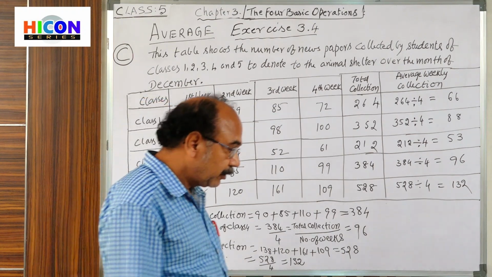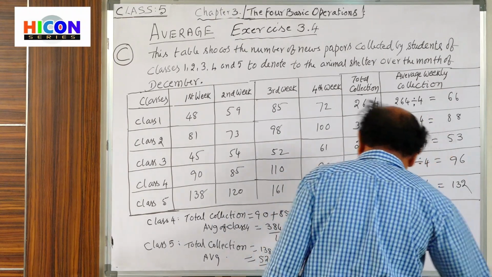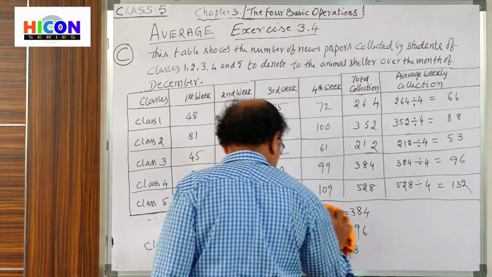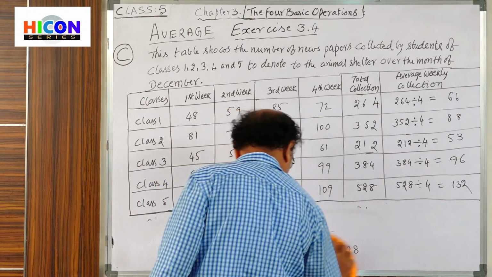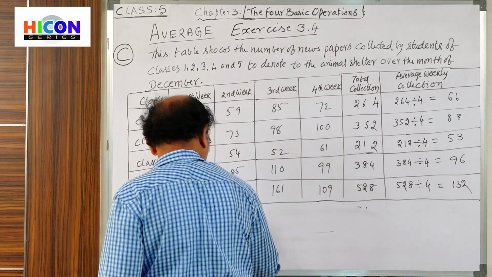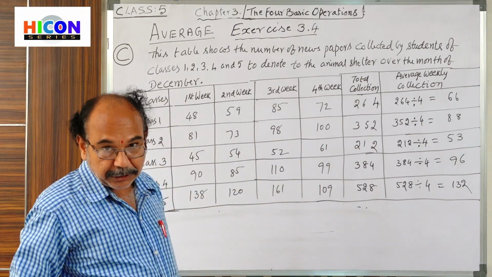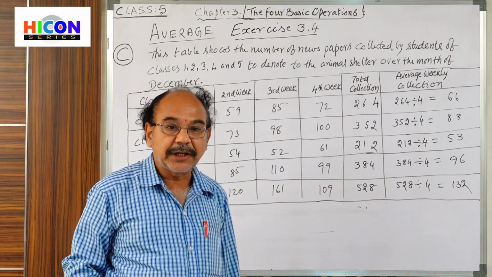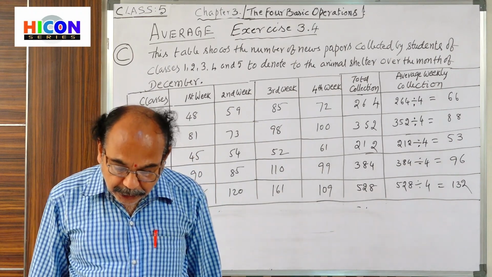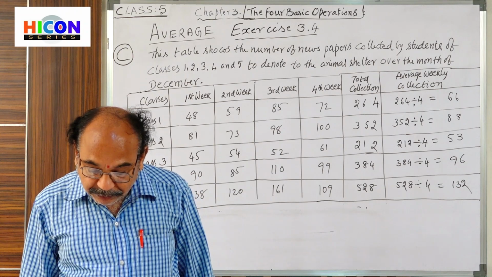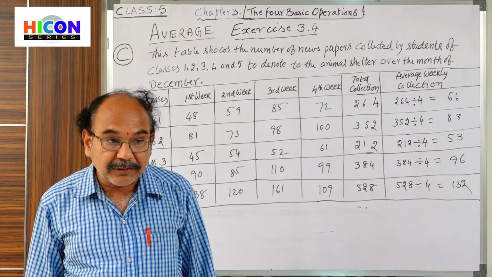I will write it here. See in your textbook, all of you, what is the first question? Find the total collection of each class. Then find their average collection.